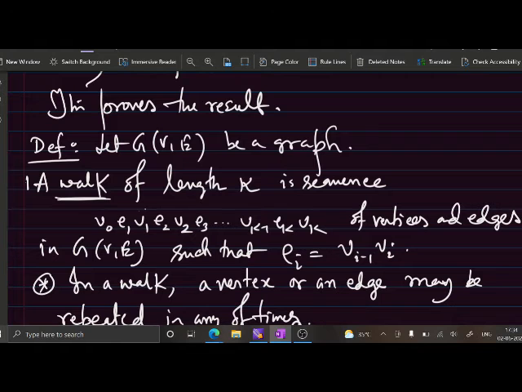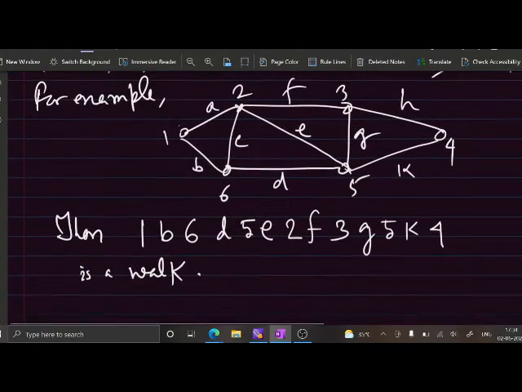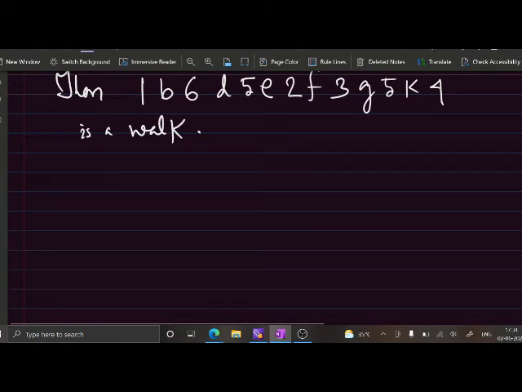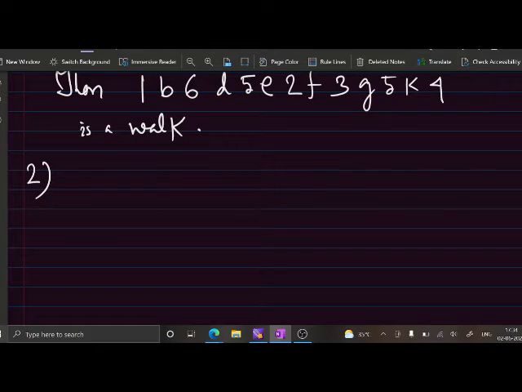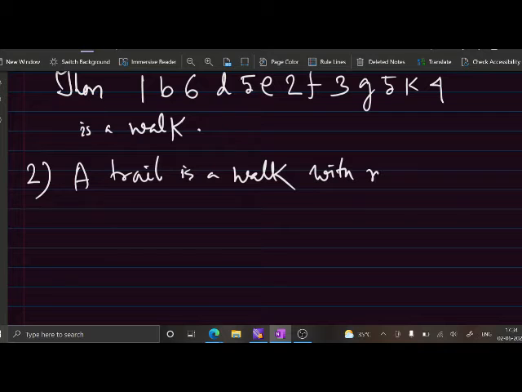So this is the first definition. Secondly, we are going to define a trail. So what does it mean? A trail is a particular walk which satisfies that it is a walk with no repeated edge.